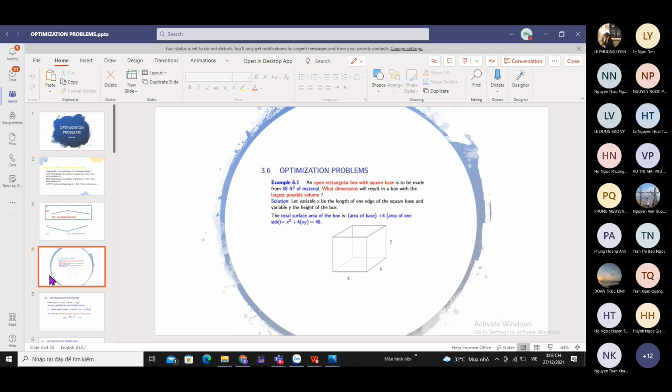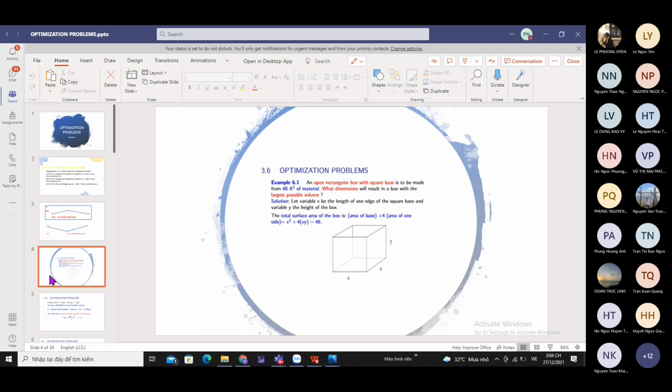What dimensions will result in a box with the largest possible volume? So roughly speaking, you have 48 square feet of material, and you want to make an open rectangular box with the maximum volume. So you have to determine the dimensions of the box so that you have a box with maximum volume.